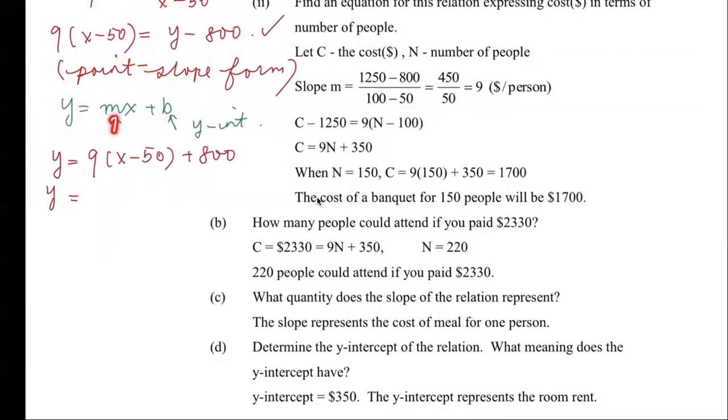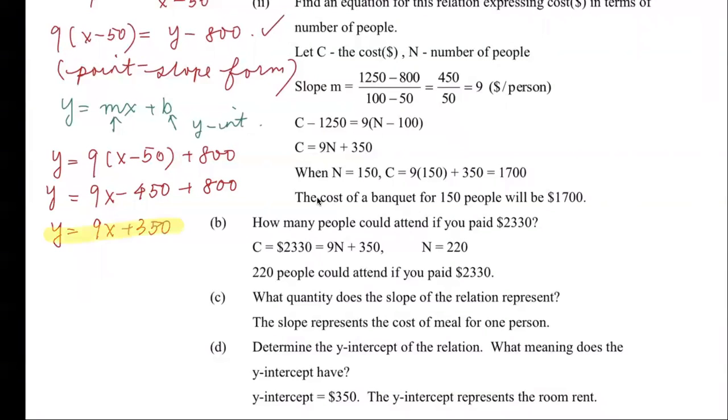The slope has to be multiplied to the x. There can't be any brackets, so we need to open the brackets. So 9x minus 50 times 9, that's 450, right? Plus 800, and y is equal to 9x minus 450 plus 800. The answer is 350, positive 350.